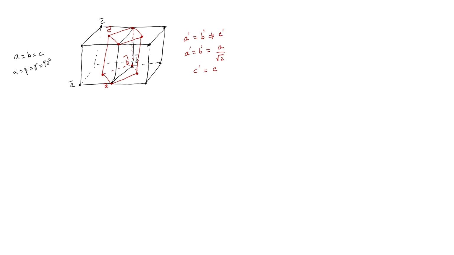And what about the corresponding angles? Alpha prime, which is the angle between B prime and C prime, would be equal to beta prime, which is the angle between C prime and A prime, and then finally gamma prime, which is the angle between A prime and B prime. They will all be 90 degrees. So, now I have a cell where two dimensions are equal, one dimension is not, and angles are still at 90 degrees.